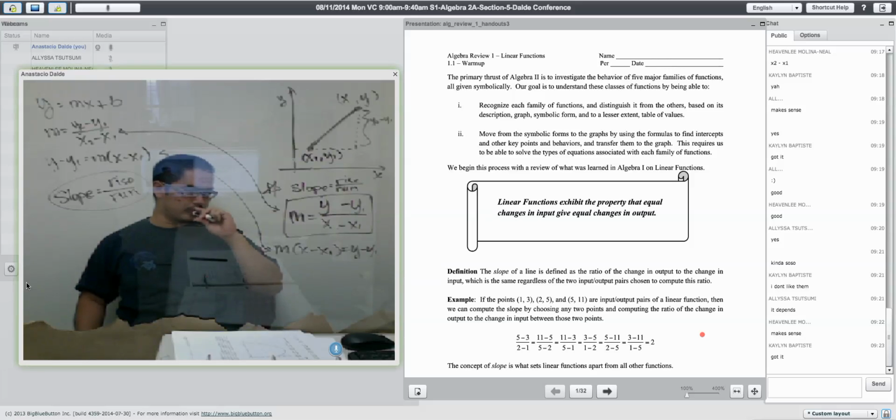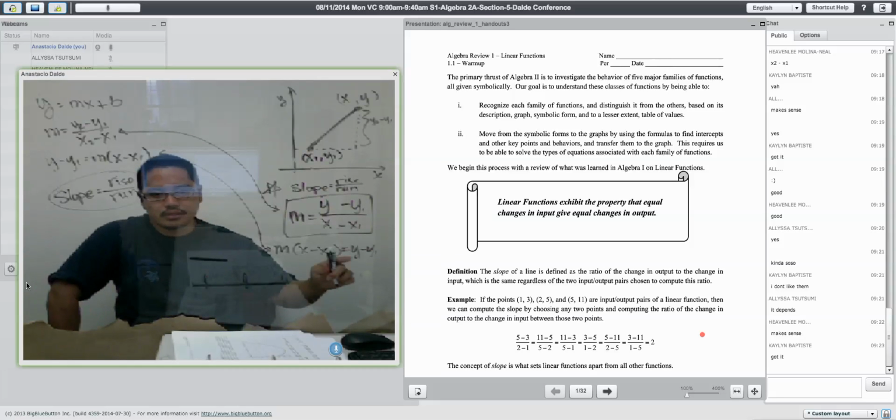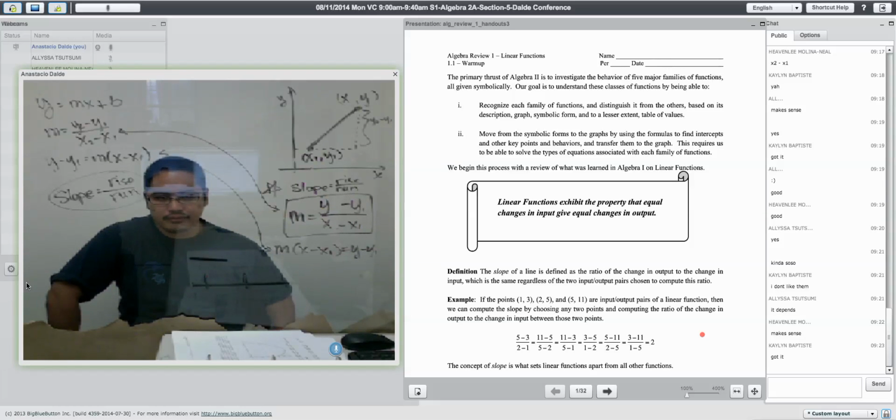What's the best way to go about this? All right. What I'm going to do is solve for y all by itself. That's pretty simple to do because the only thing that's messing with the y all by itself is the minus y1.